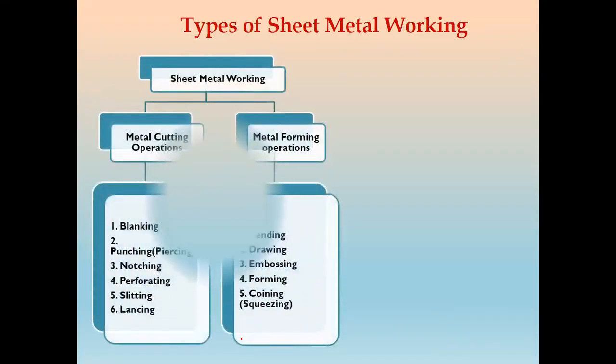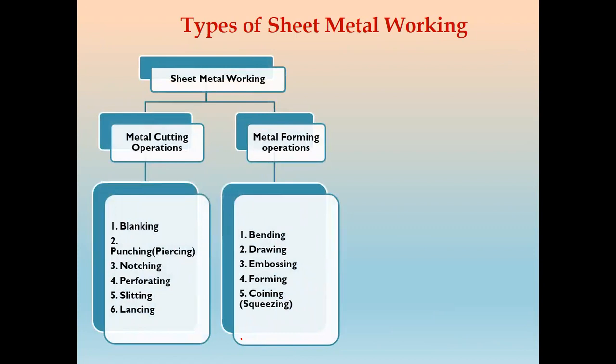So first we will see the classification, and then we will see the different operations. Sheet metal working is classified into mainly two types. One is called sheet metal cutting operations, and another one is called sheet metal forming operations. So here metal is cut, here sheet metal is formed.